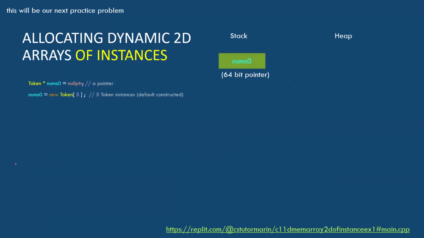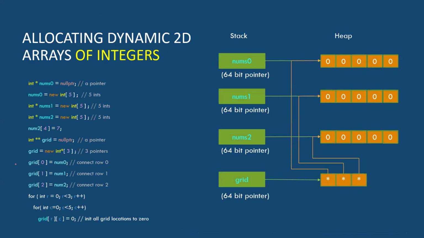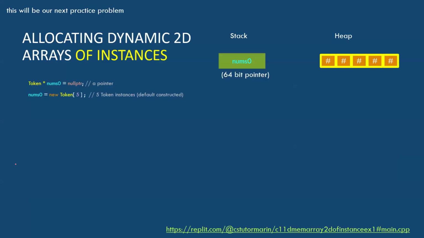So let's just take a look at this slightly different. So here, notice here we were putting integers in there. So this is an important step up. It's kind of like our practice 3 from yesterday. So we're saying, hey, now I want an instance of 5 tokens, okay? So these are actual token instances, and I need to have a default constructor in my token class for that to work, or it just won't work.